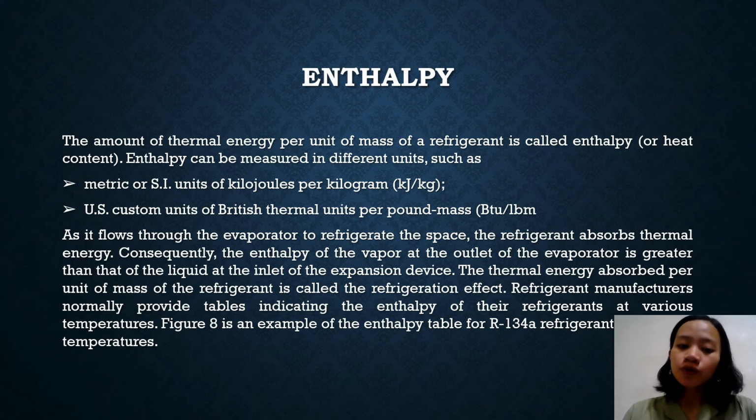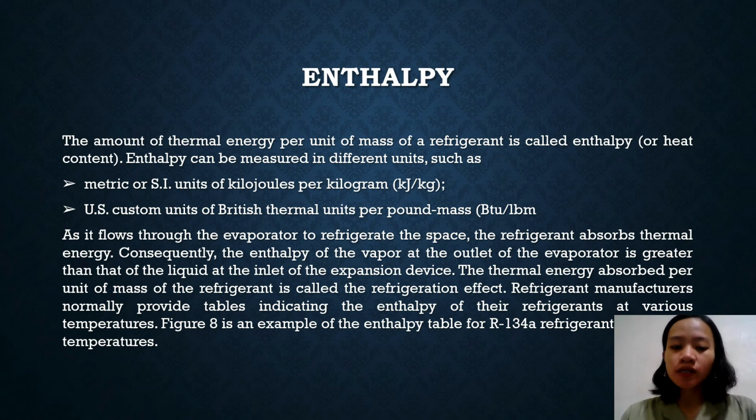As it flows through the evaporator to refrigerate the space, the refrigerant absorbs thermal energy. Consequently, the enthalpy of the vapor at the outlet of the evaporator is greater than that of the liquid at the inlet of the expansion device. The thermal energy absorbed per unit of mass of the refrigerant is called the refrigerant effect.